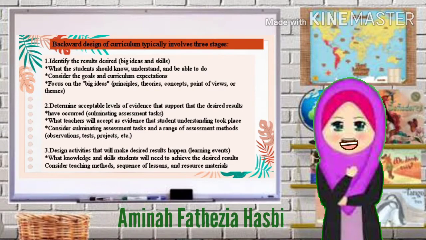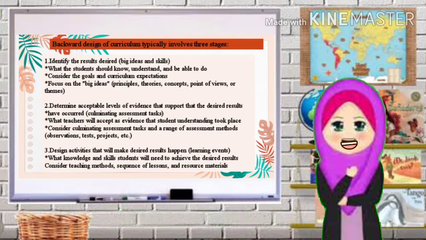Second, determine acceptable levels of evidence that support the desired results. It means having a clear culminating assessment task, what teachers will accept as evidence that student understanding took place, and considering culminating assessment tasks and a range of assessment methods like observation, tests, projects, and so on.